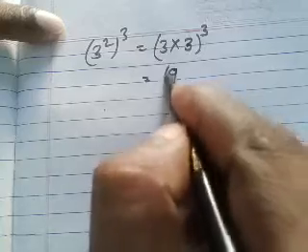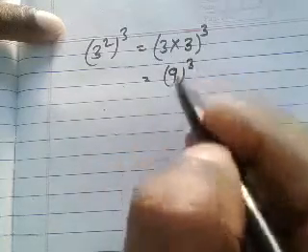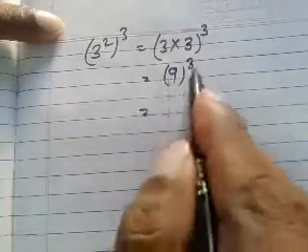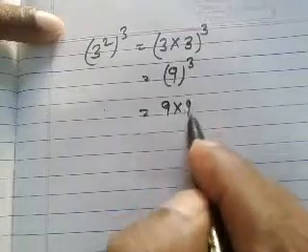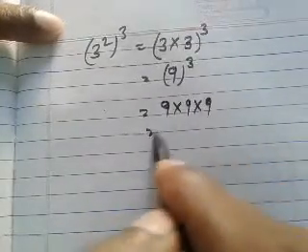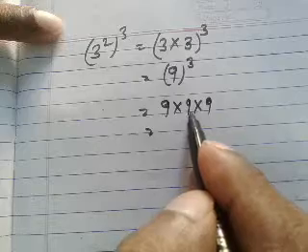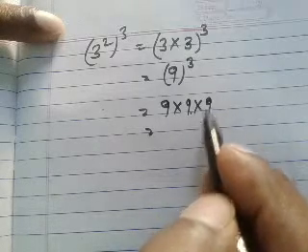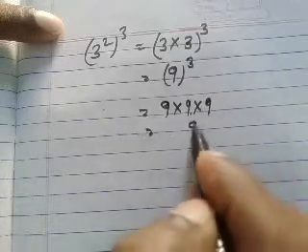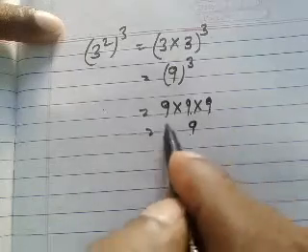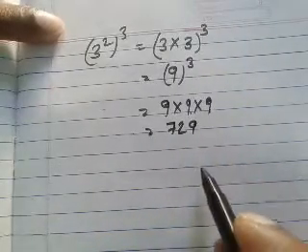So 3 threes are 9, and 9 to the power 3 means 9 multiplied 3 times. So 9 nines are 81, and 81 times 9 is 729.